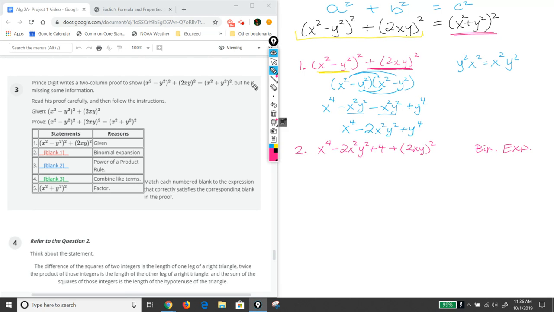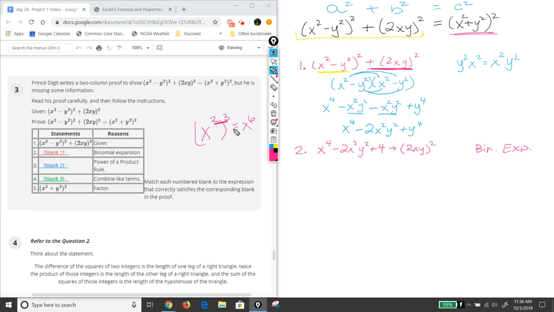Okay. So now what did he do to simplify to the next step 3? He used the power of a product rule. So power of a product means that, I always called it a power of a power, if I have a power raised to another power, power means that you product or multiply these.